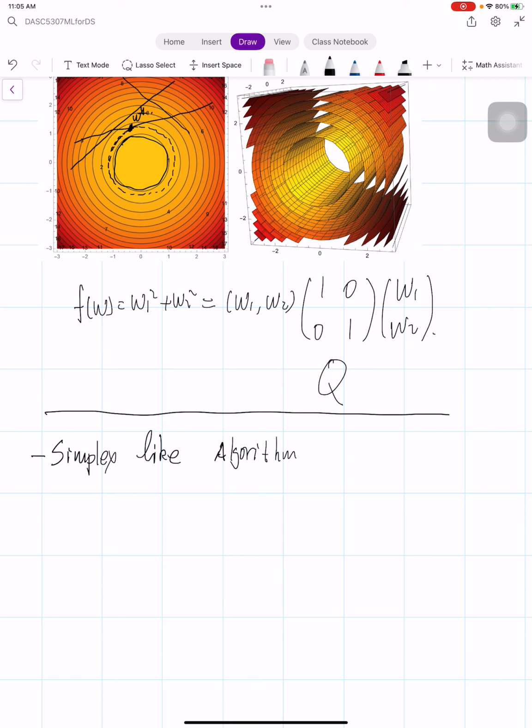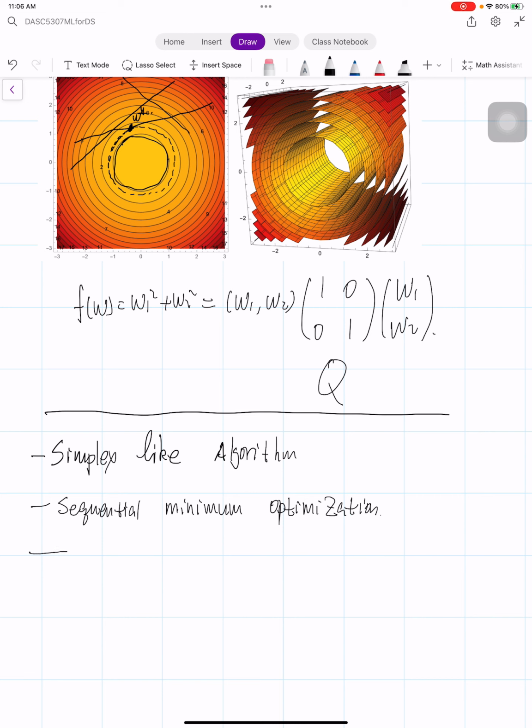There is also sequential minimal optimization.